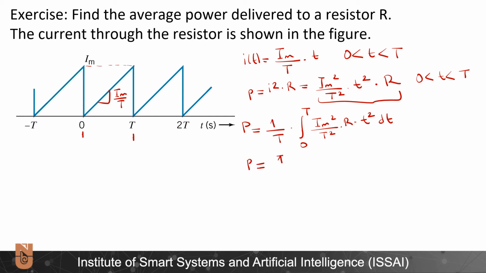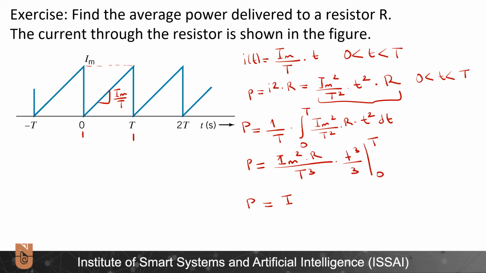It will be Im squared times R divided by T to the third power times the integral, t to the third power divided by 3, and integration bounds are T and 0. At 0, this expression will be equal to 0, and at T, this expression will be T to the third power.